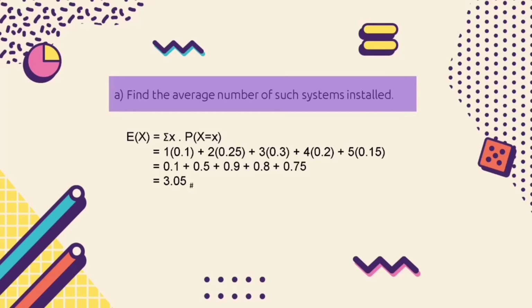To solve it, we get 1 times 0.1 plus 2 times 0.25 plus 3 times 0.3 plus 4 times 0.2 plus 5 times 0.15. And then we solve it and we get the answer 3.05.